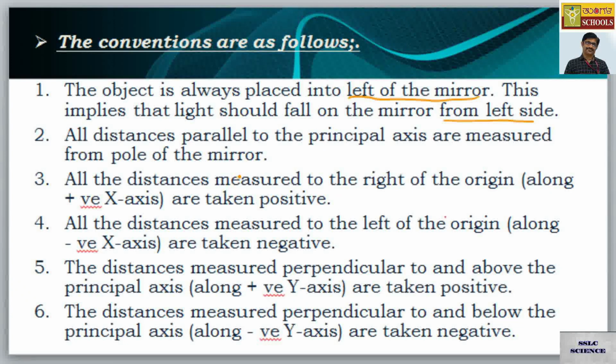Now the second convention: all distances parallel to the principal axis are measured from the pole of the mirror. I repeat, all the distances parallel to the principal axis are measured from the pole of the mirror.